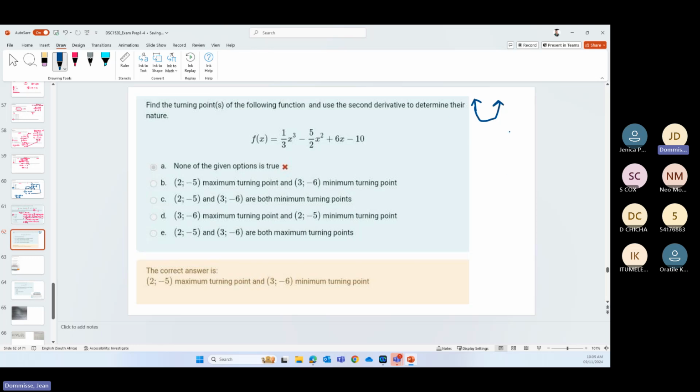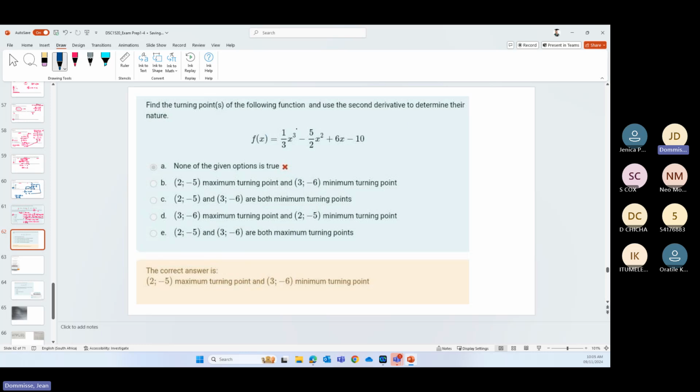But you can only do the minus b over 2a if you have a quadratic function. Now we have a cube. So for a cubic function we need to differentiate. Okay, so we need to differentiate this function.